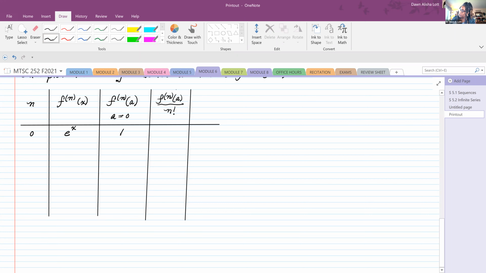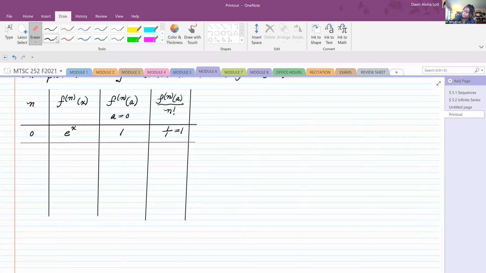Okay, so this would be 1 over 1 factorial, which is just 1. Okay, so that's our first one. Oh my goodness. That went fast. Not for some of you, but for me, it went fast.